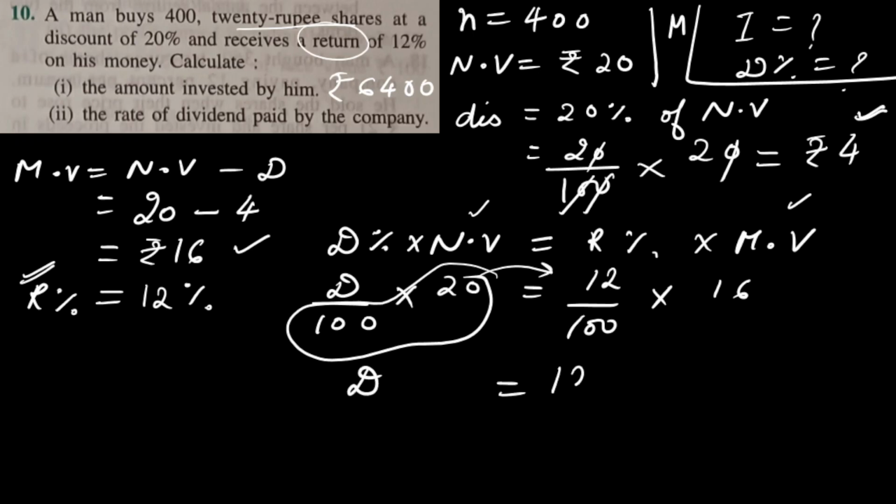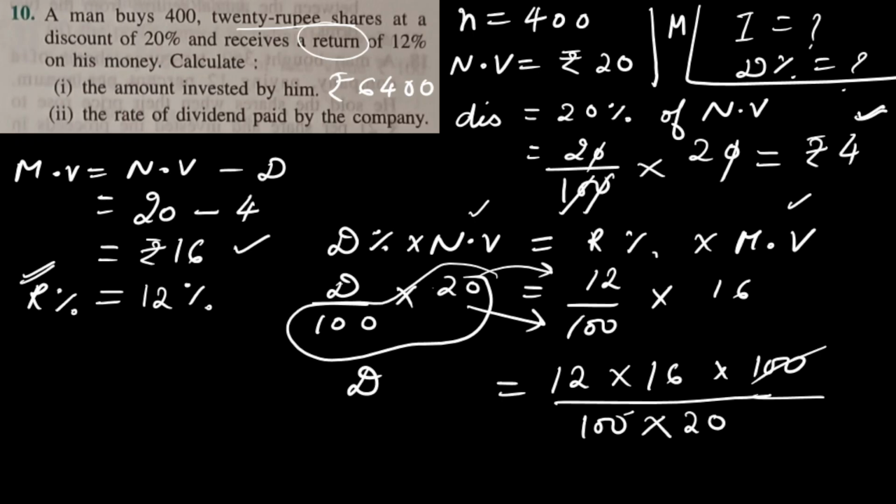These things let's write as it is: 12 into 16 by 100. And this 20, because here it is getting multiplied by D, when we shift it to the other side, it will get divided, meaning it will come down. Okay, remember, whatever is at the numerator will come down, and whatever is at the denominator will go up.